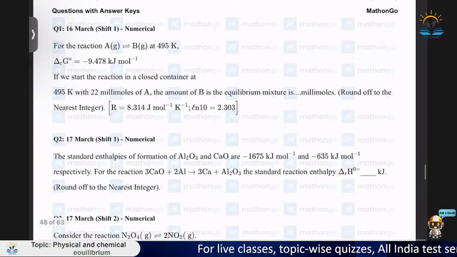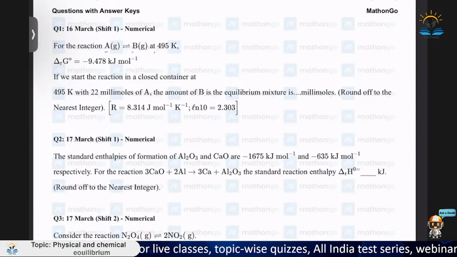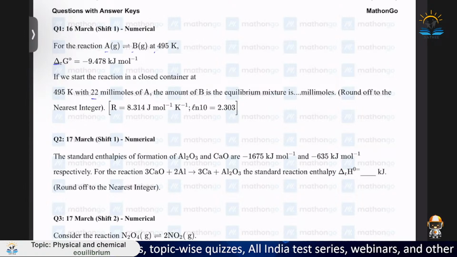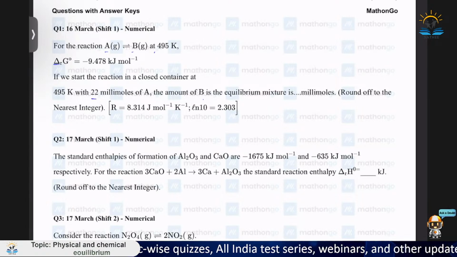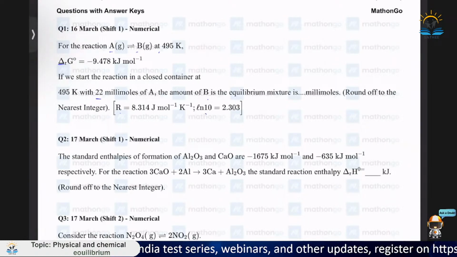The first question says they have given a reaction A to B at a given temperature. They have given delta G naught and 22 millimoles of A, and asked the amount of B in the equilibrium mixture. They have given R, they have given ln 10 as the value.